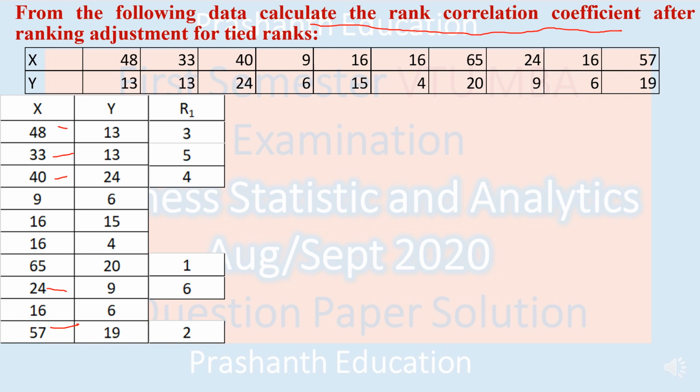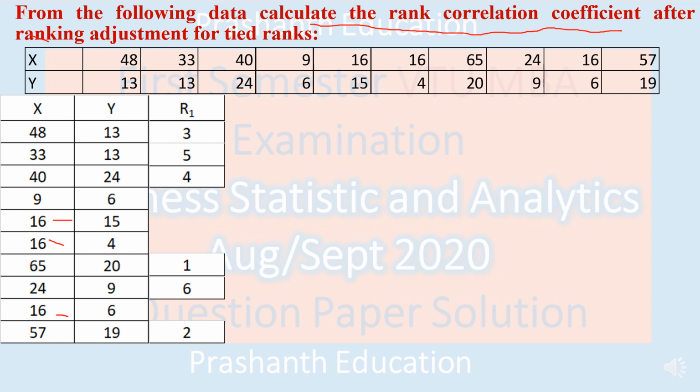Now the next highest we have is 16, 16, 16. The rank should be equally distributed among all these 16s. Sixth is done, so I will take 3 ranks.